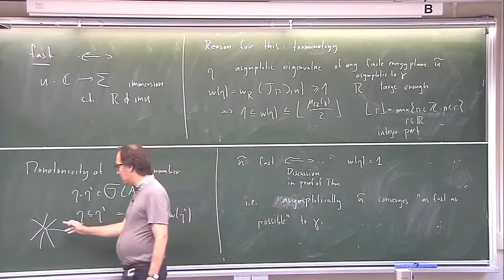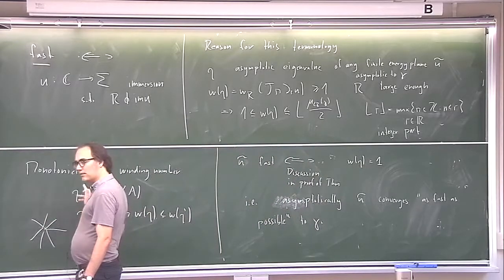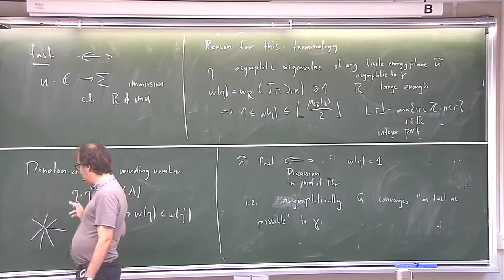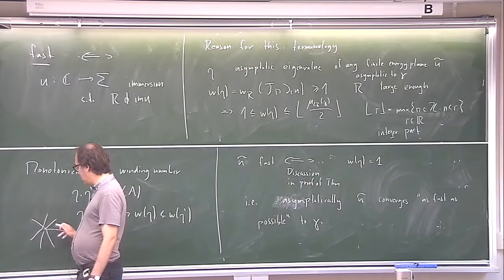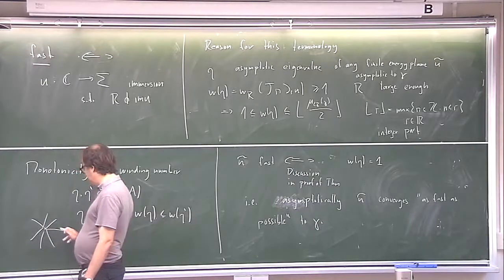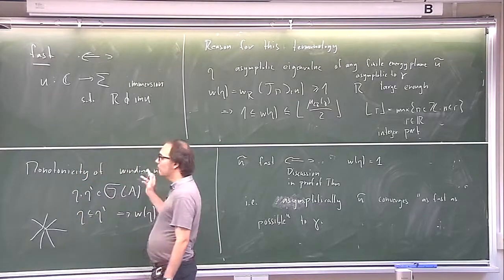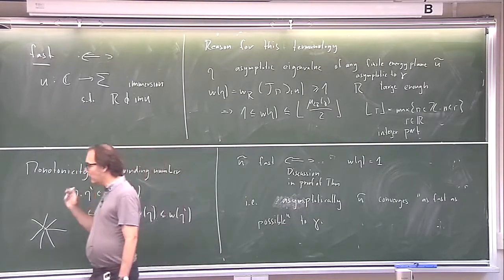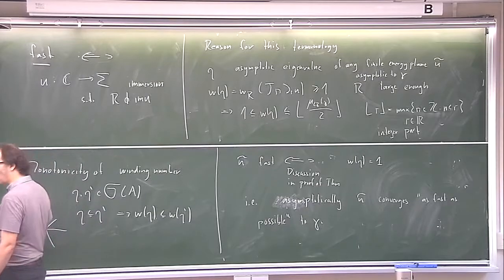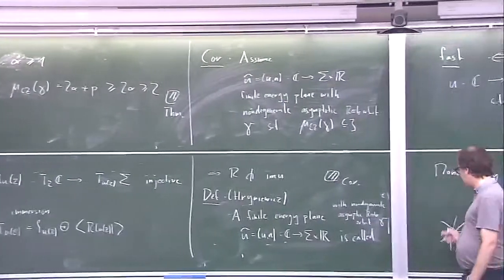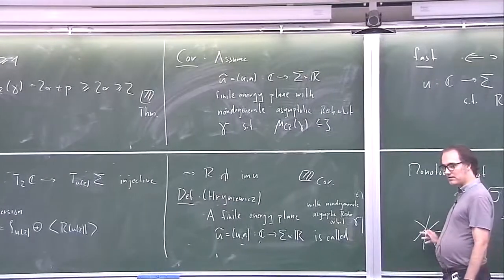If the Conley-Zehnder index of gamma is bigger or equal to 3, then this, modulo gauge, is always a one-dimensional manifold. So that was his insight: in order to find a global surface of section, you don't look at the whole moduli space of all finite energy planes, but just at the subspace of fast ones.